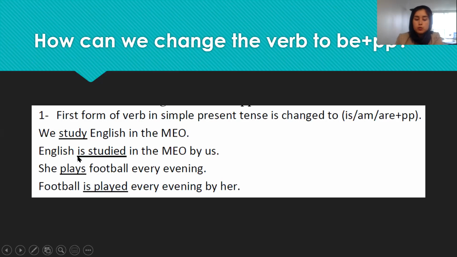So we use is with it, and then studied. It's in the simple present tense, so we say is also in the simple present tense. We say English is studied in the MU by us. The second example is she plays football every day. Football is played every day by her. So we change plays to is plus the third form of play, which is played.